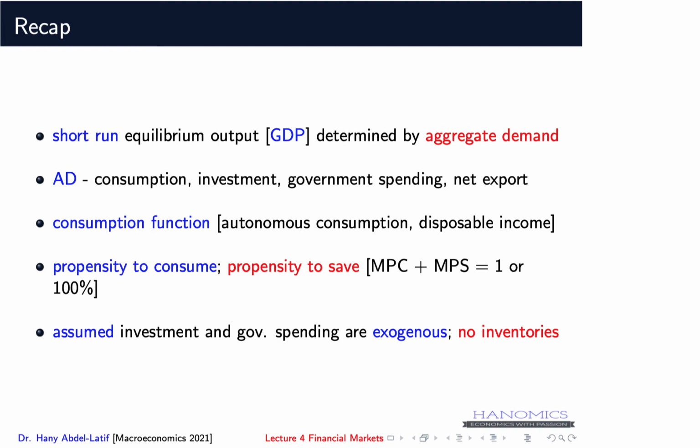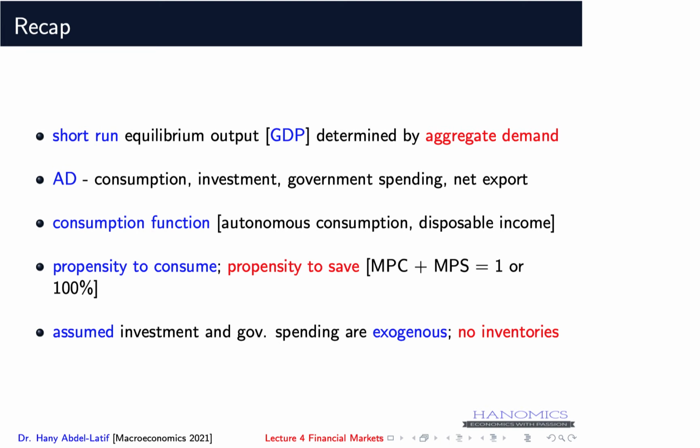We were interested in understanding what determines these components, especially consumption, which will help us understand the equilibrium output, or equilibrium GDP. So we started with the consumption function, and we showed that the consumption function has two components. One is autonomous consumption.